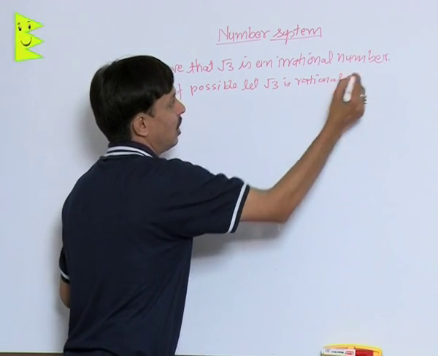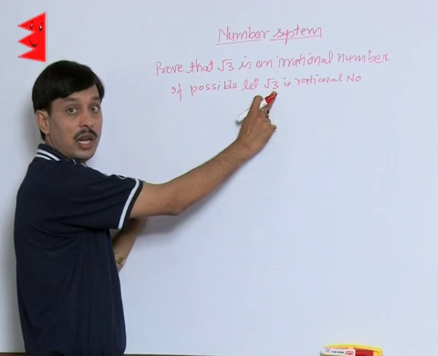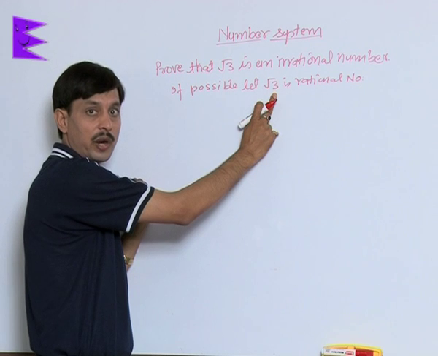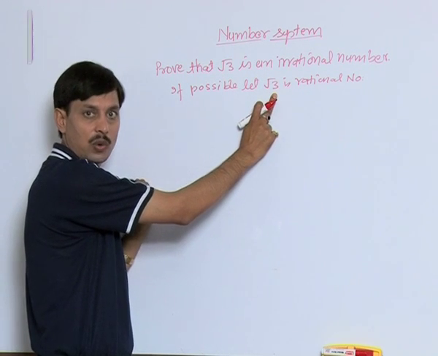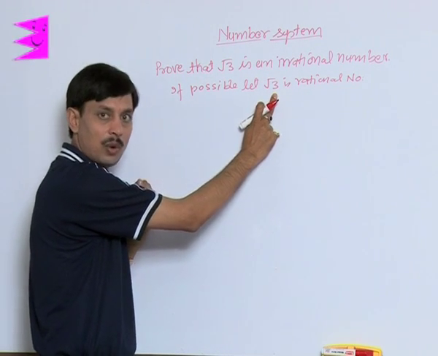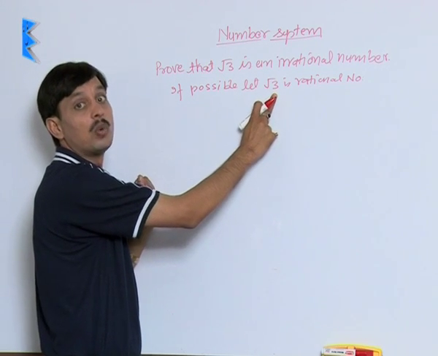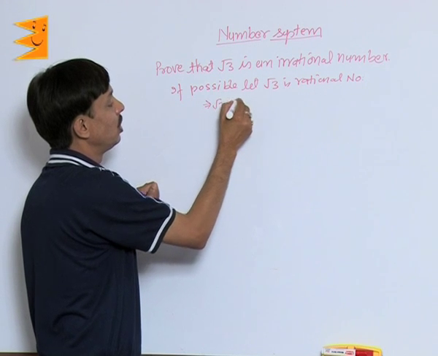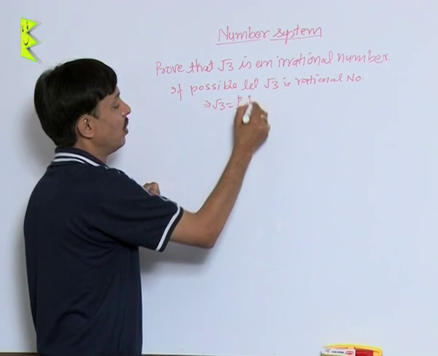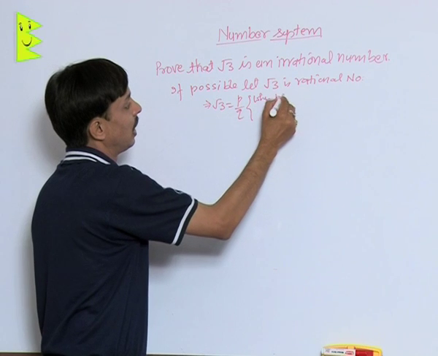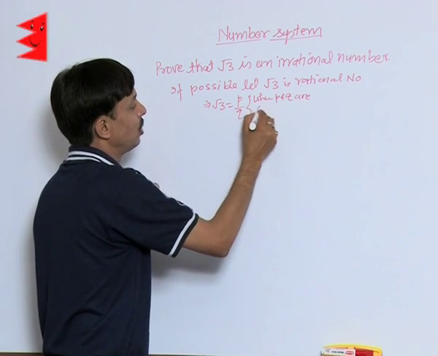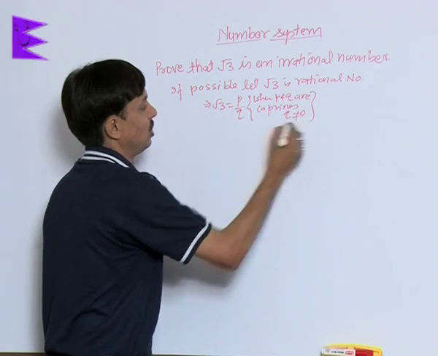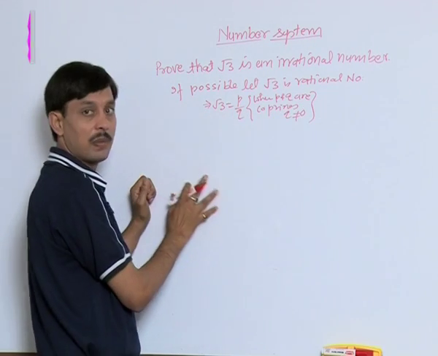If it is rational, then it can be converted into the form p by q, where p and q are integers, q is not equal to 0, and p and q have no common factor, or p and q are co-prime. So this implies root 3 is equal to p by q, where p and q are co-primes and q is not equal to 0.